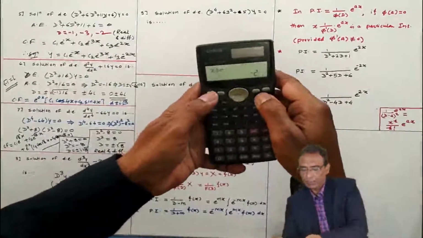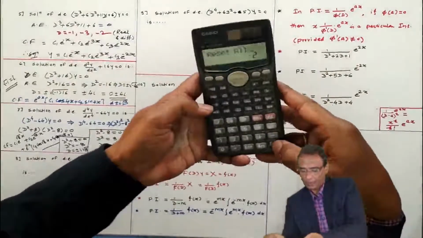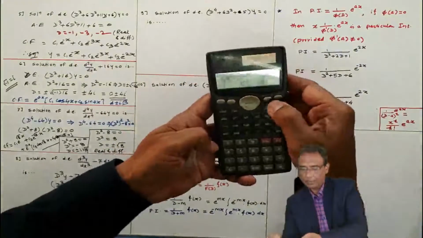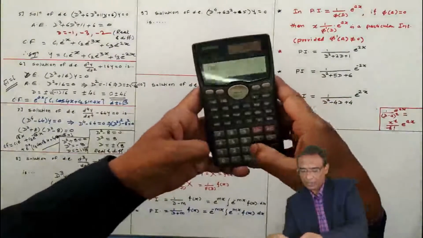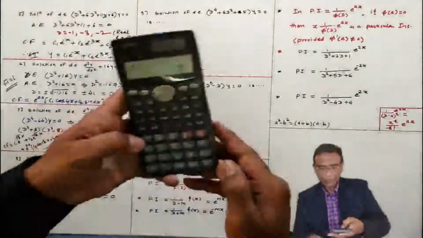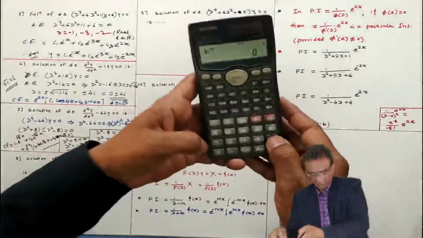I am going to clear all, then reset all. Again, equation, and then there are unknowns, degree is 3. A is 1, the coefficient of D cube is 1. This 1 I am going to enter, then minus 7?